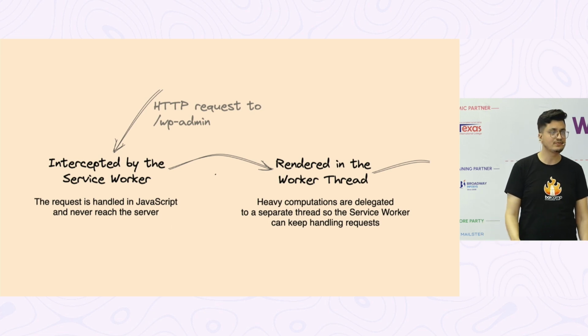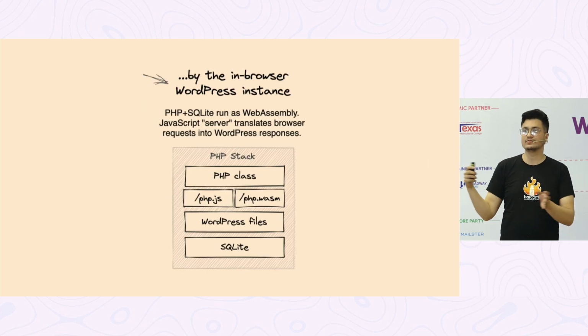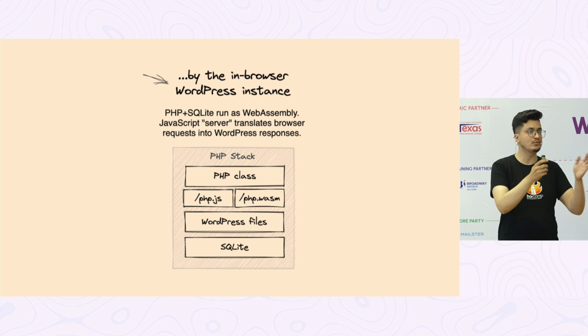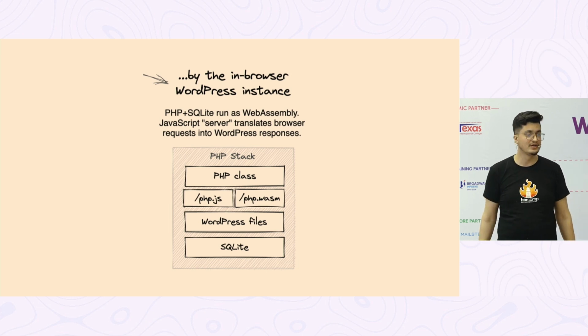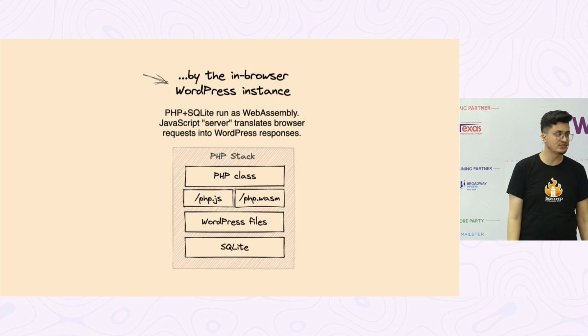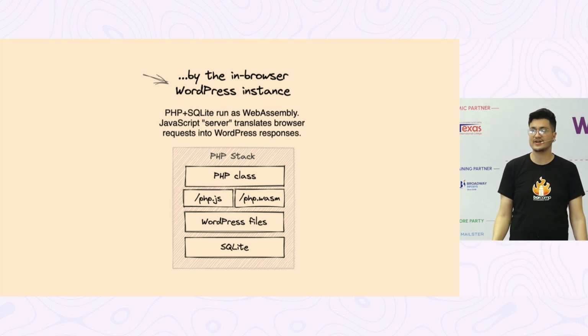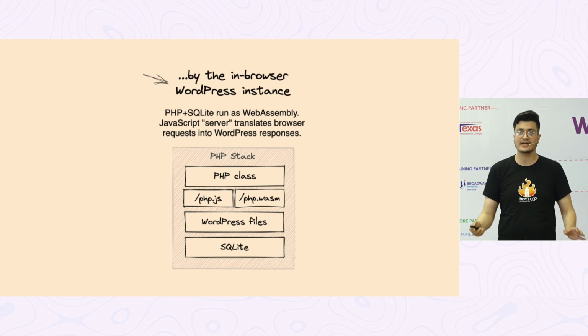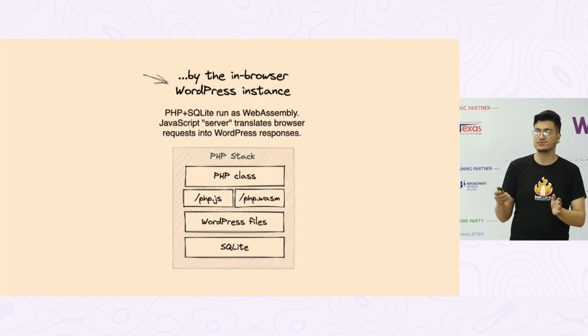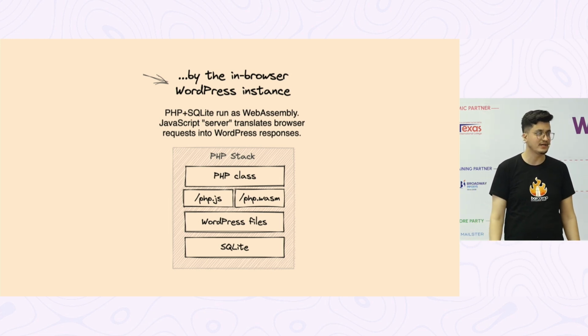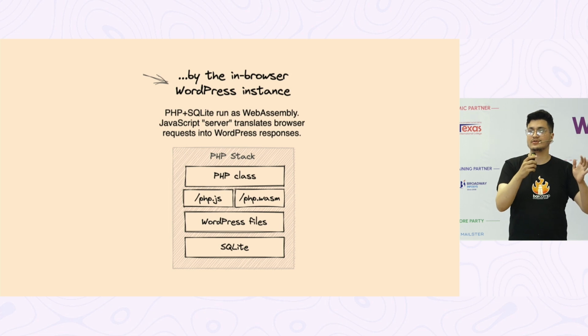And if we need a server, there is a WebAssembly that is set up as a server. So you can see that there is a PHP stack, PHP classes and WordPress files, and a SQLite database, not the MySQL database. They have converted it so it works with a SQLite database. This is a server setup that runs fully in your web browser.